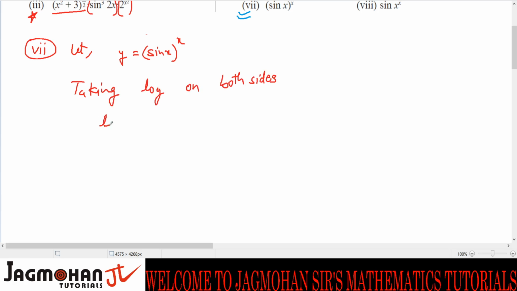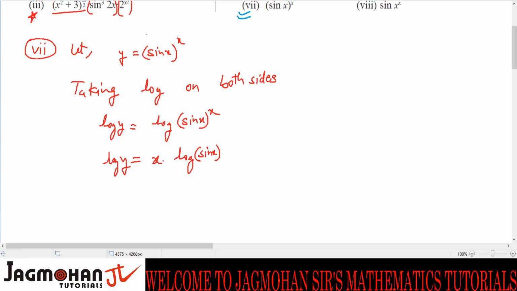It will get me log of y equals to log of sine x raised to x. So right hand side, it will become x multiplied to log of sine x. Why does this become? Because you know log of m raised to n is n log m, and here you have log y.